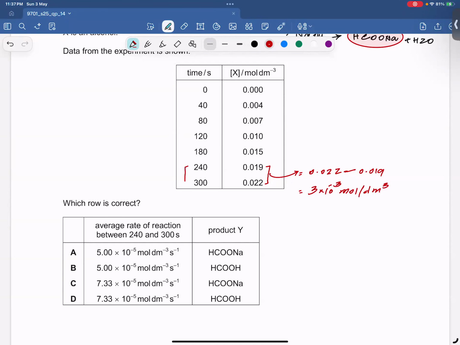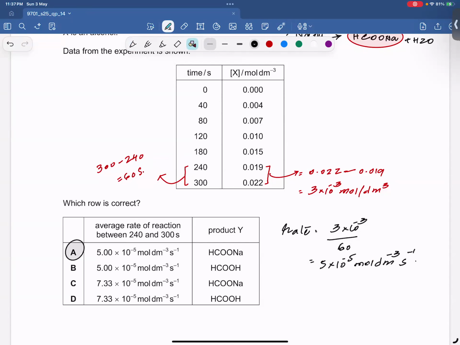And get the time. So it's basically 300 minus 240 is basically 60 seconds. So to get the rate, change in concentration over time taken, which is 3 into 10 to the power minus 3 divided by 60, it's going to be 5 into 10 to the power minus 5. Concentration has a unit of mole per dm cube and time has a second. So unit is going to be mole per dm cube per second. So right answer is going to be an A.